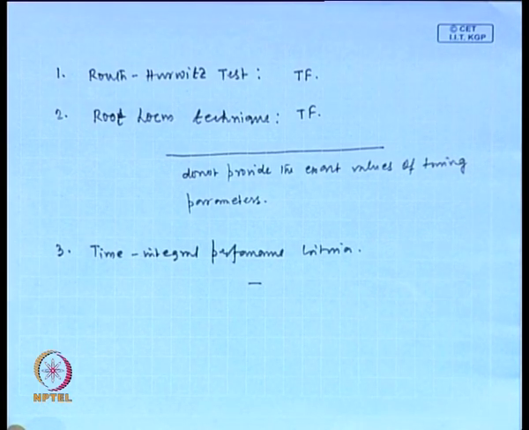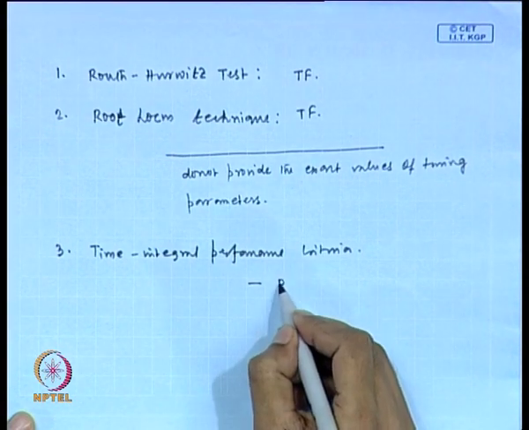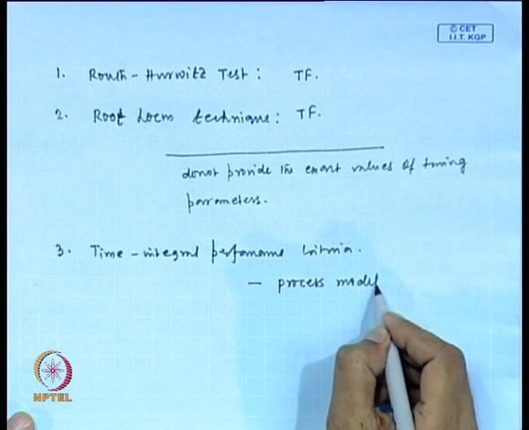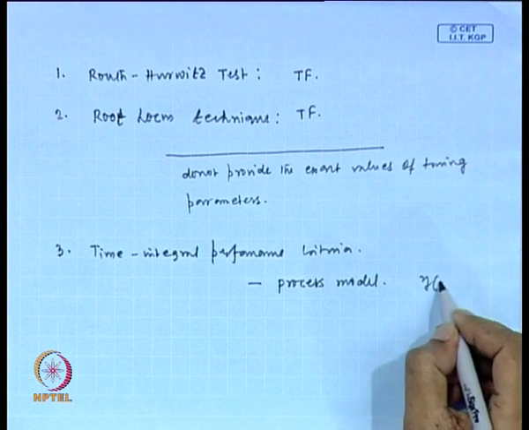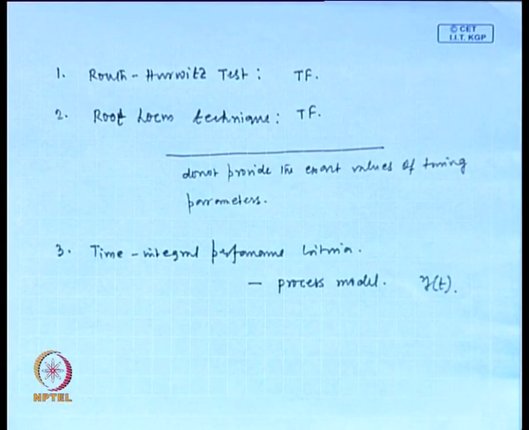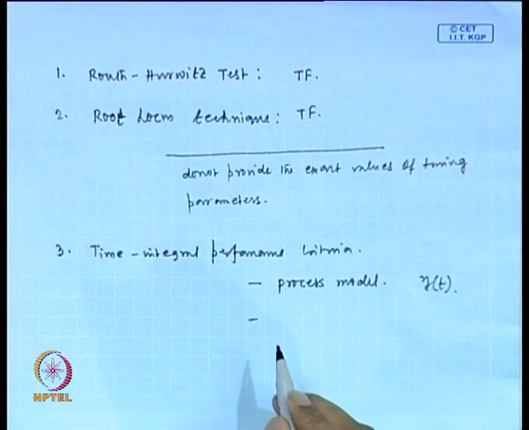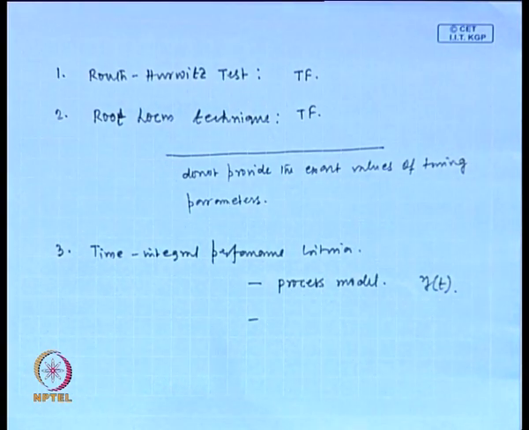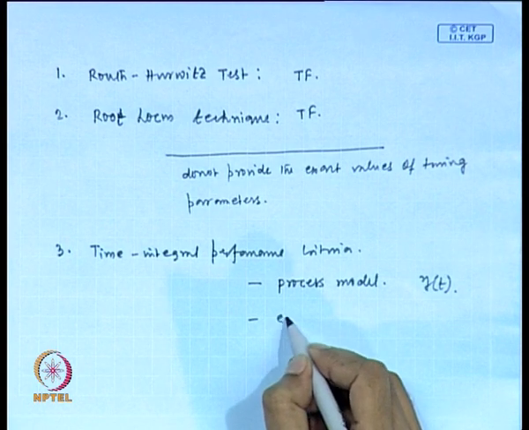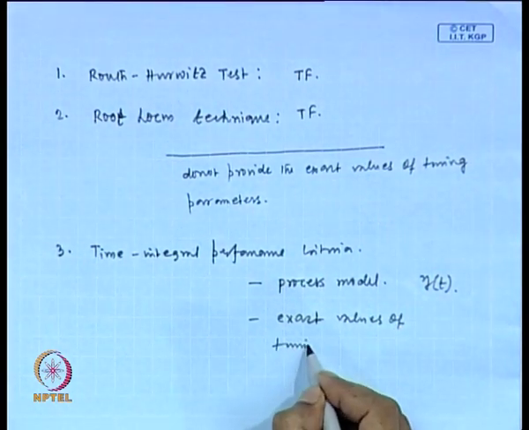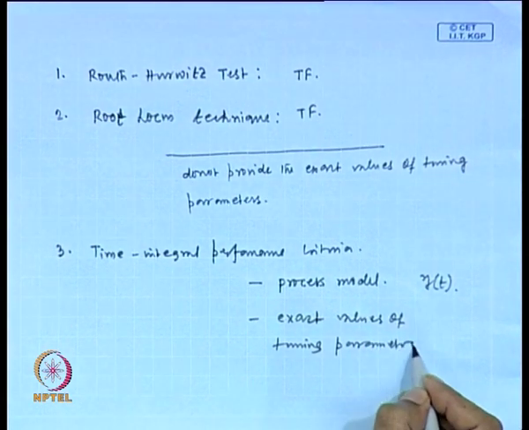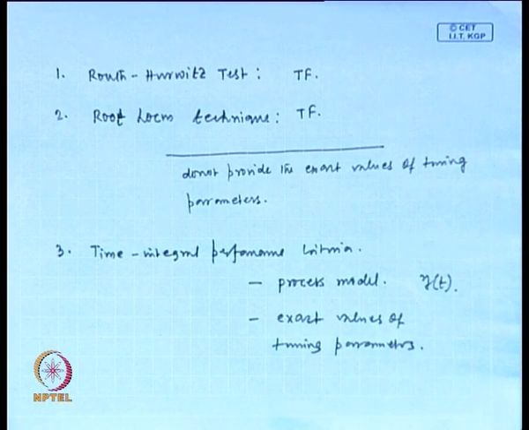This technique requires the process model, because in the time integral performance criteria we need the expression for y(t), that means the process model is required, and this technique provides the exact values of the tuning parameters. So, this is a tuning method. Fine.